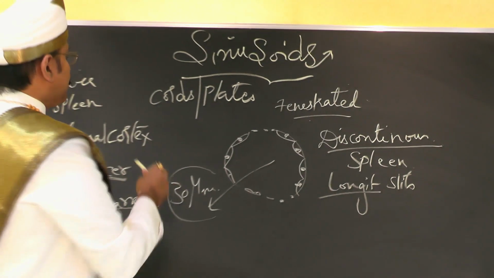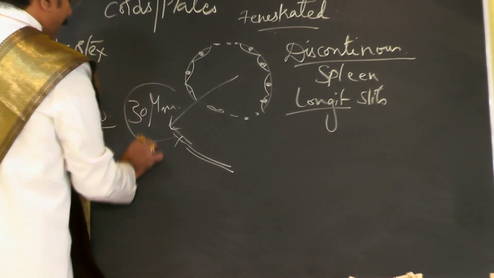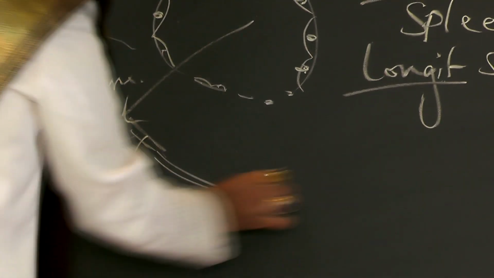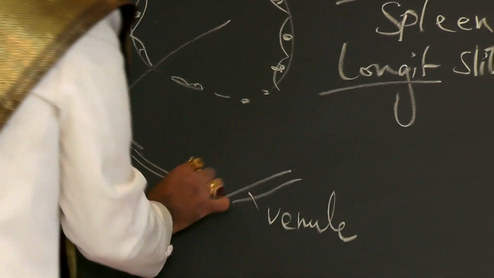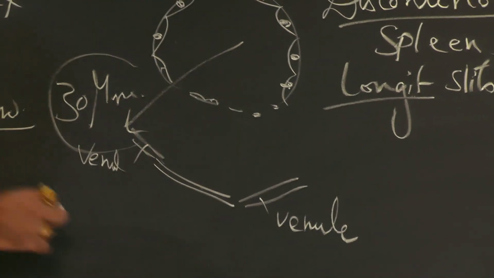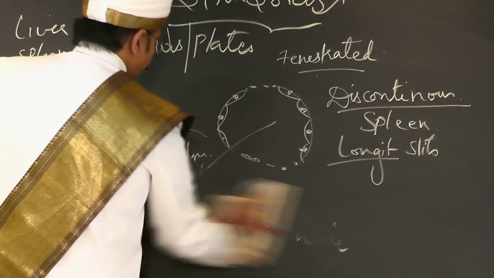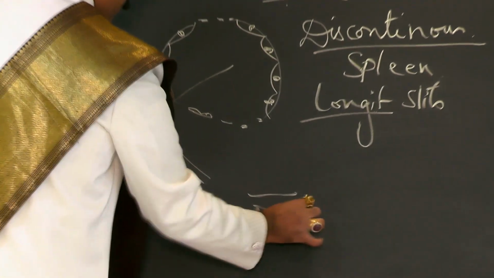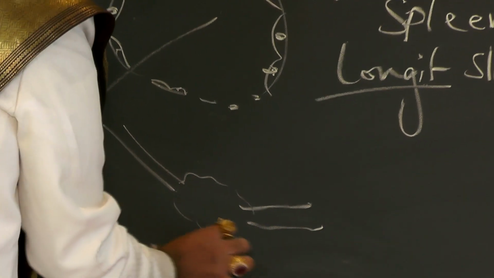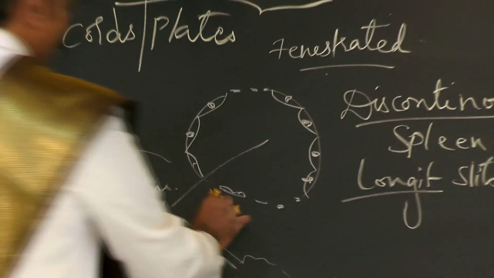Sometimes with these sinusoids, there is one venule, there is another venule. Joining these two venules, there can be a sinusoid. So here there is a gap or space, that is the sinusoid, joining venule and venule.